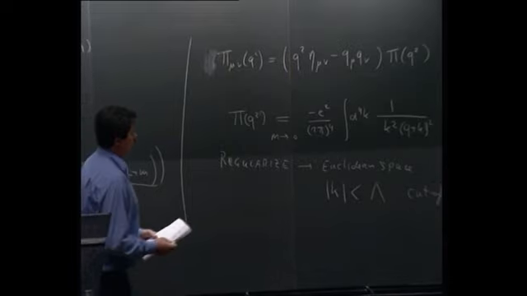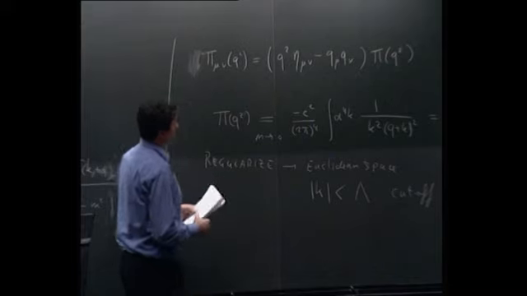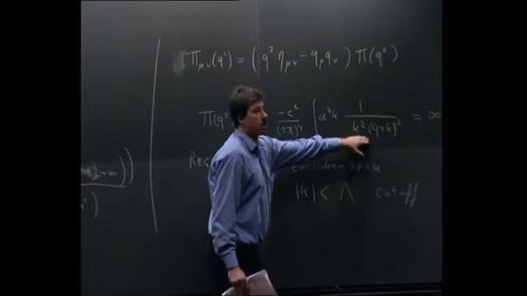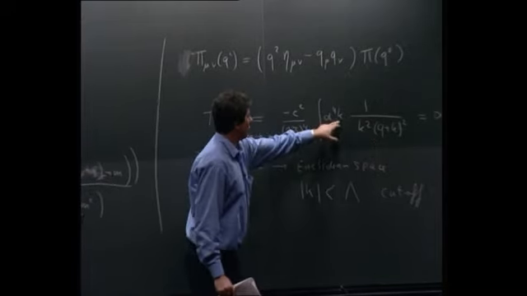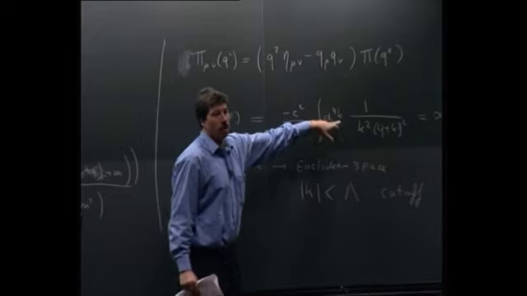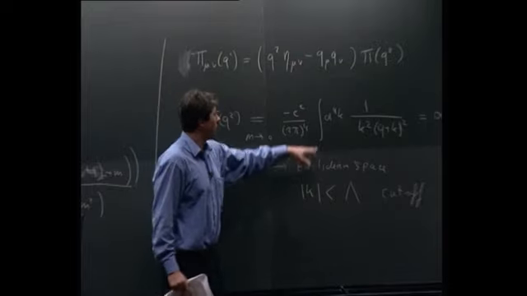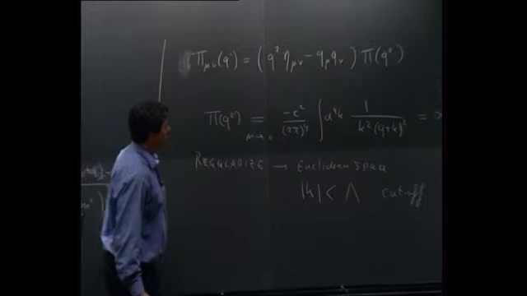Now, if you do this, and I'll omit again a little bit of the details, this integration can be done in the following way. I'm going to write this momentum integral in terms of the radius, the absolute value of k, and some angular components.